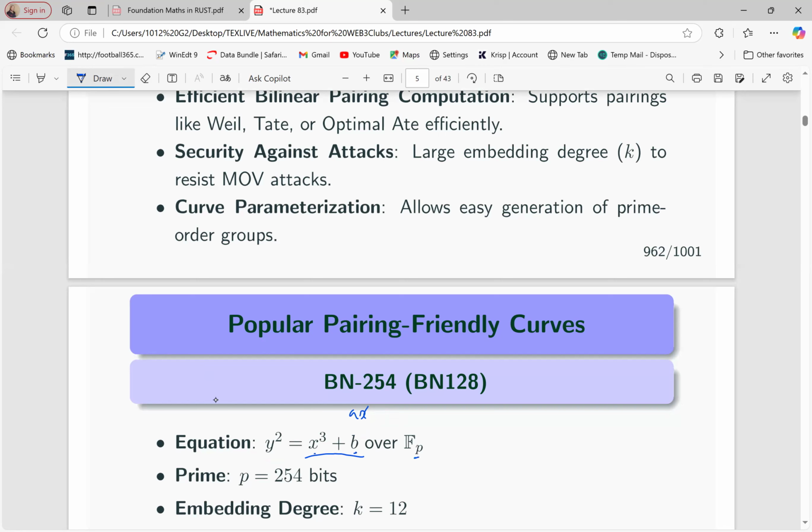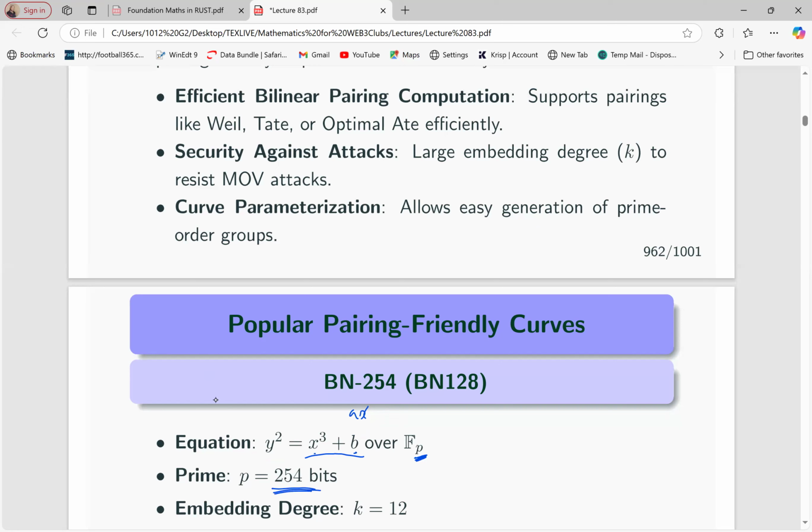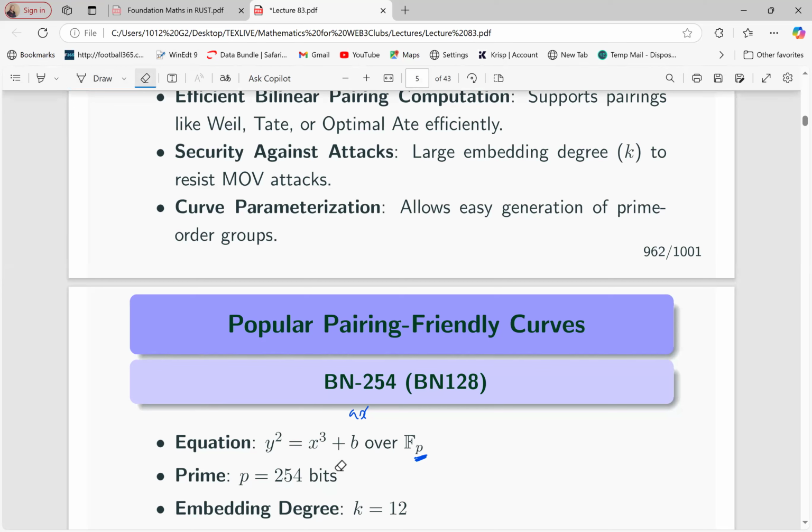And our characteristic P here is 254 bits. This is a very big prime number. So this elliptic curve is called BN254, where the 254 are the bits.